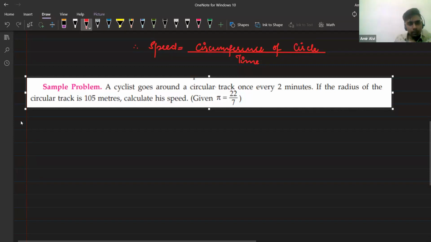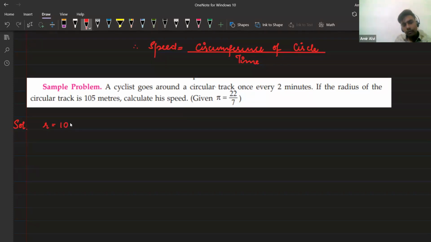So this is the solution. The question says a cyclist goes around a circular track once every 2 minutes. If the radius of the circular track is 105, calculate his speed. The question is not saying how many rounds have been done, so we will assume that only a single round is done, taking 2 minutes. The radius of the circle is given as 105.